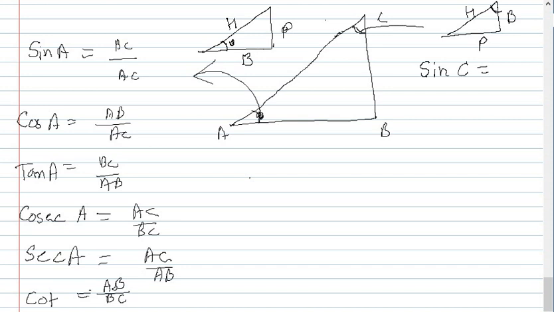Sine C is equal to, this would become AB upon AC. Cos C, see, cos C is equal to base upon hypotenuse, BC upon AC. Similarly, tan C, this will become perpendicular, AB upon BC.